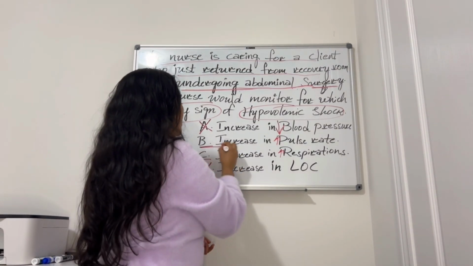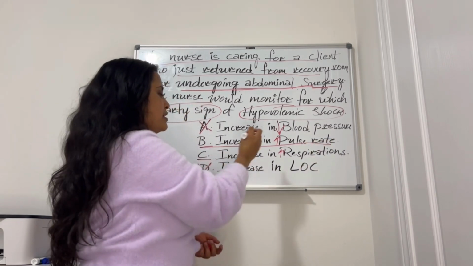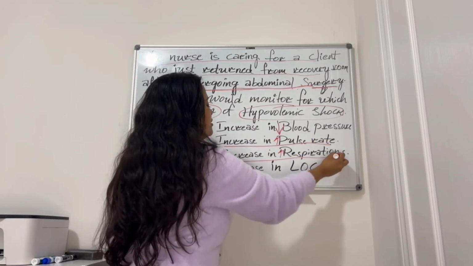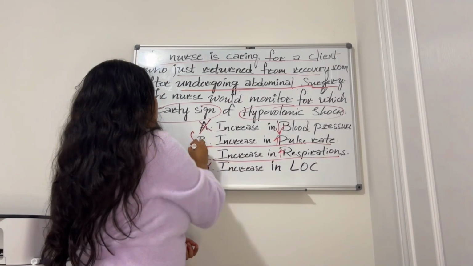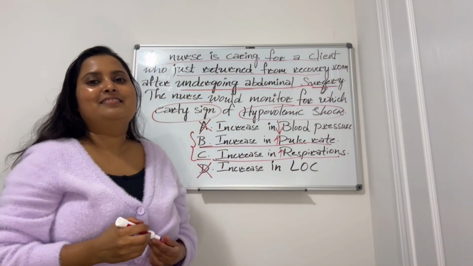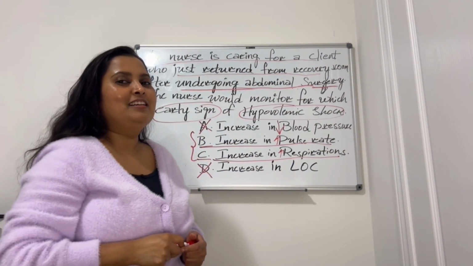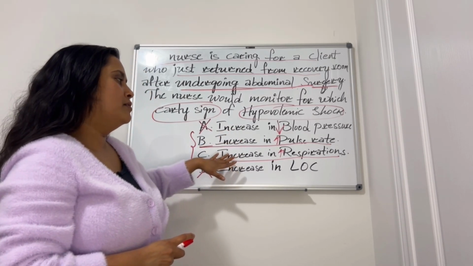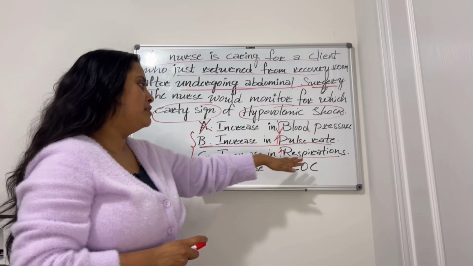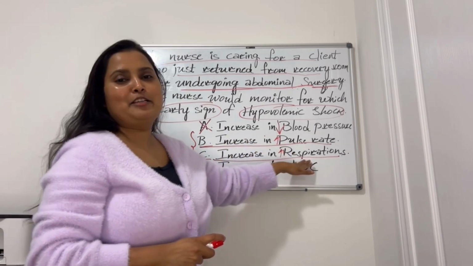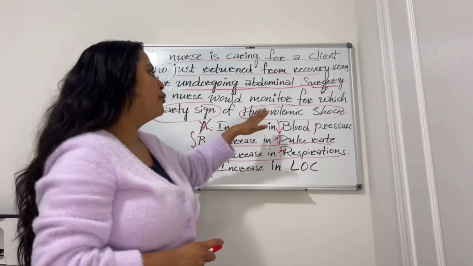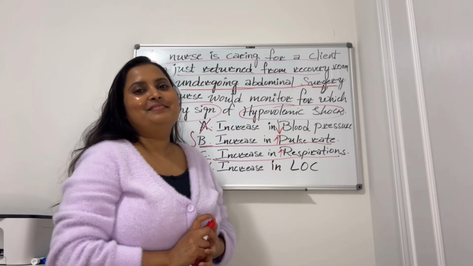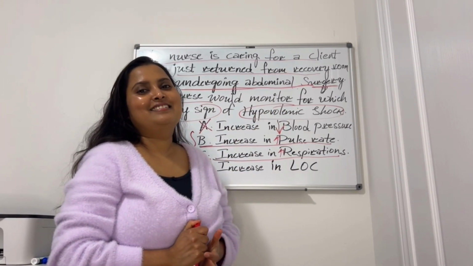So we have 2 options here, increase in pulse rate and increase in respirations, and we need to choose one of them. This is a very tricky question because both of the options are right. There is an increase in pulse rate, and there is an increase in respiration in hypovolemic shock. What do you think?